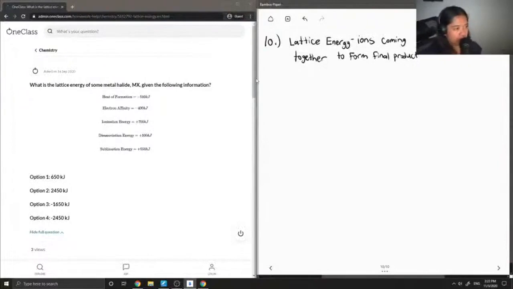So in this example with the metal halide, this is when you have your positive metal plus a negatively charged halide to give our final product. Let's say it's MX solid. So this is lattice energy.